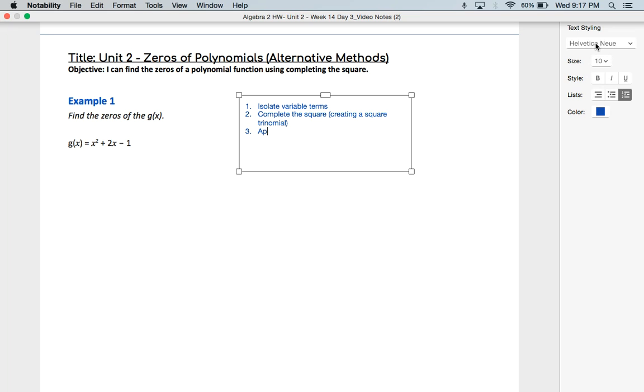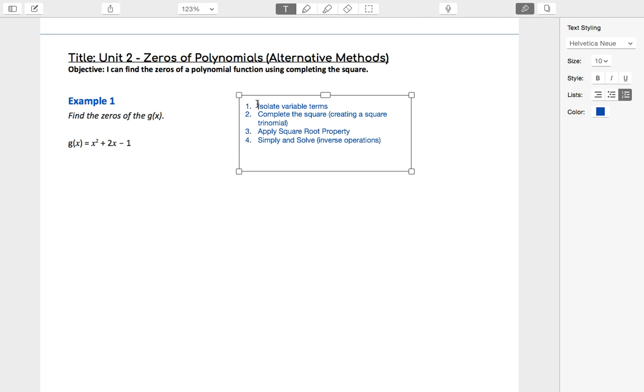Step 3, we're going to apply the square root property. And step 4, we're going to simplify and solve using inverse operations. Okay, so these are your step-by-step completing the square process.